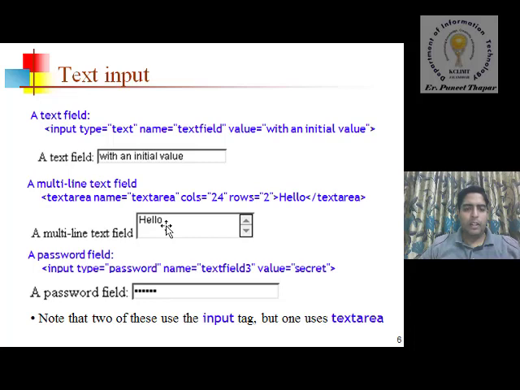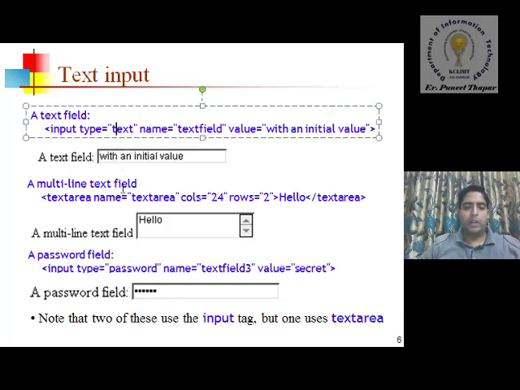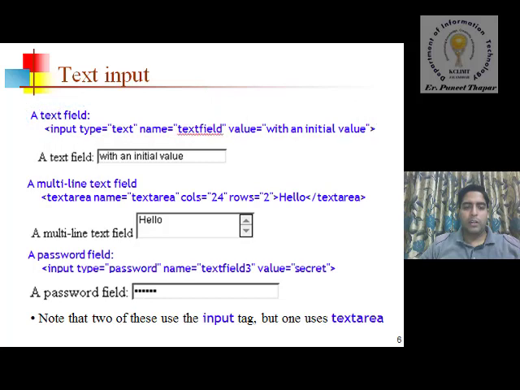And the next one is the password field. A password field is used with the help of the input tag. With the input tag, we use the type name password. Here we used the type name text. A password field and a text box look similar, but the difference is in the value inserted. When we insert a value in a password field, it is displayed in the form of stars or asterisk signs, while in a text field we see alphanumeric values.